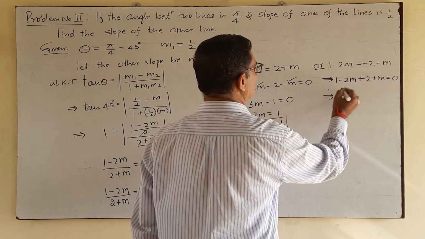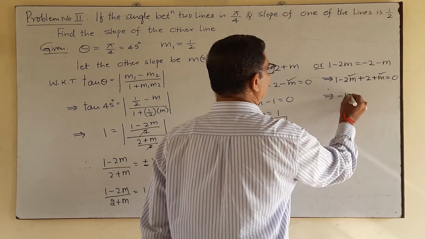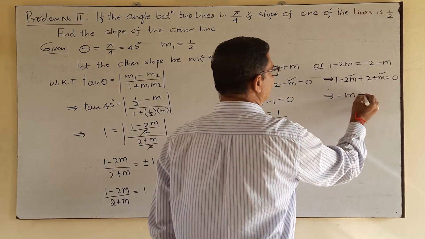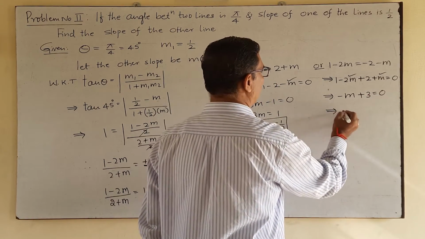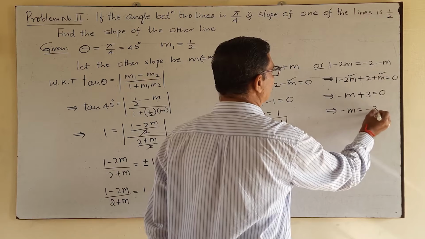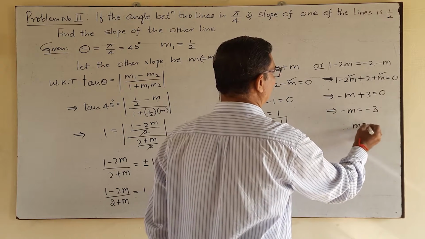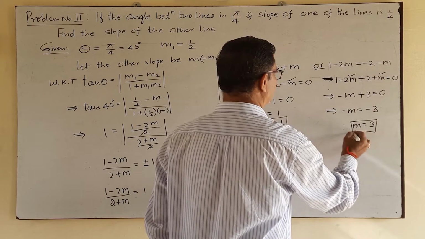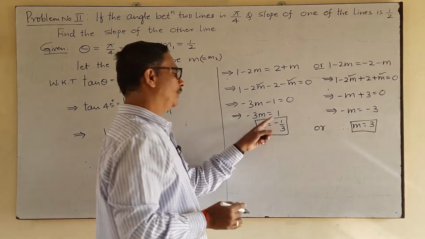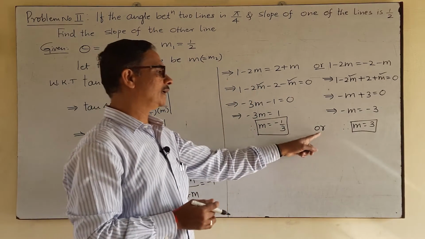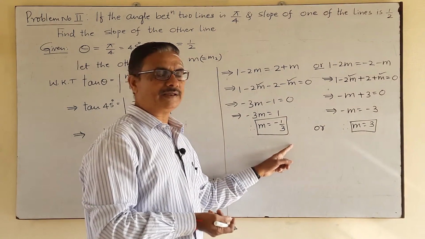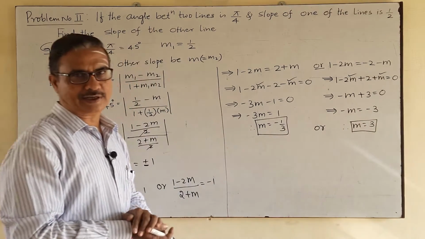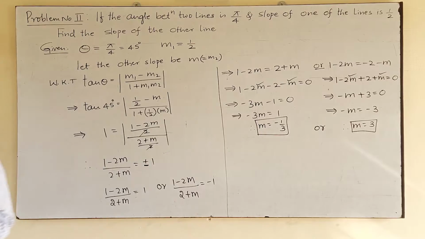So minus 2m plus m minus m, 1 plus 2, 3 is equal to 0. Implies minus m is equal to minus 3, therefore m is equal to plus 3. Now either m value is minus 1 by 3 or m value is 3. The slope of the other line is either minus 1 by 3 or 3. Clear, students?